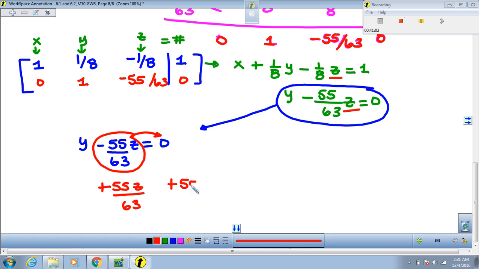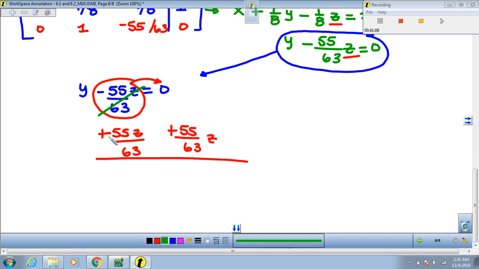So plus 55 over 63z, this to cancel out each other. y is equal to 55 over 63z. So that's my first equation solved for y. That's the value of y represented with that equation.